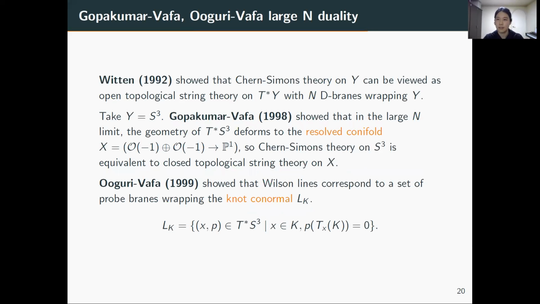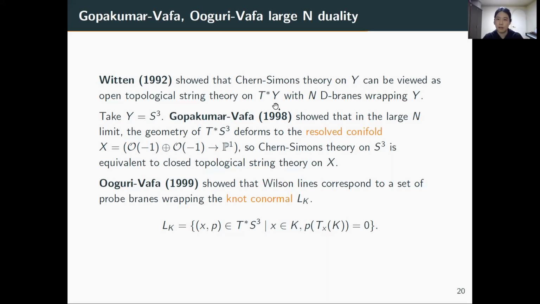Witten in 1992 showed that Chern-Simons theory on Y can be viewed as the open topological string theory on the cotangent bundle with some number of D-branes wrapping the zero section Y. He showed this by taking the string field theory of this open topological string theory and observing that it localizes on Y, and the corresponding Feynman diagrams are the same as the ones coming from Chern-Simons theory.